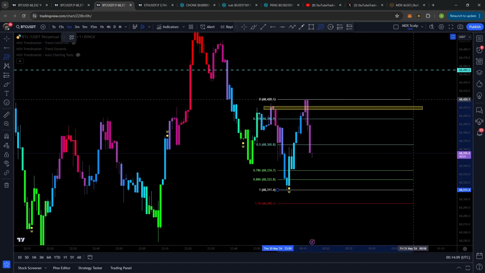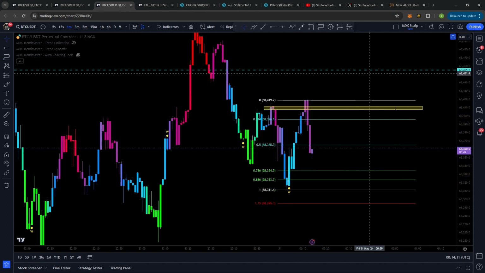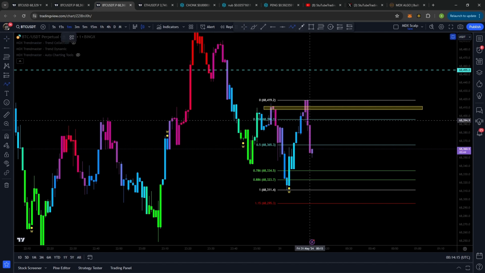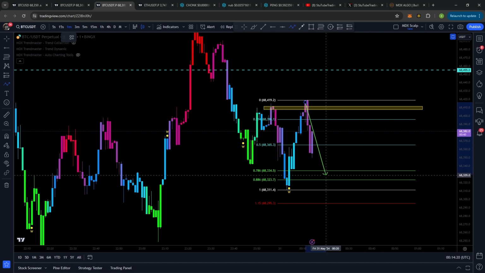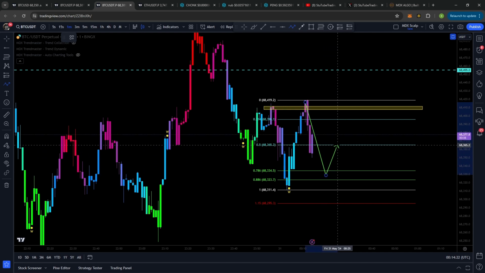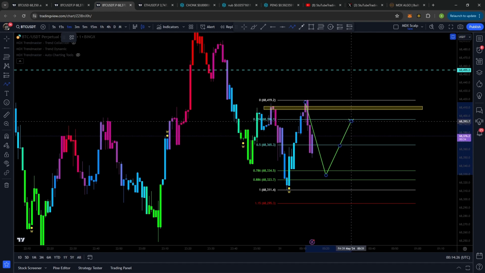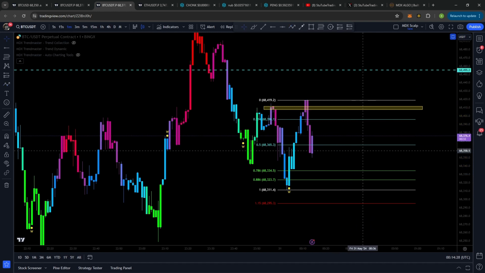Let's watch it on the 1 minute here. Since we had that structure break, are we going to see something like this? After our structure break, come back down, test the STUBER fib pocket, and then we see if we can reach TP1, maybe even TP2. But yeah, let's watch. I'm curious.